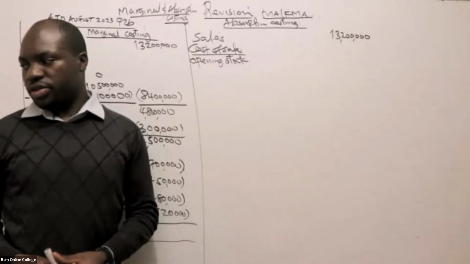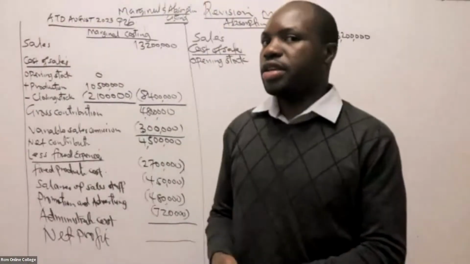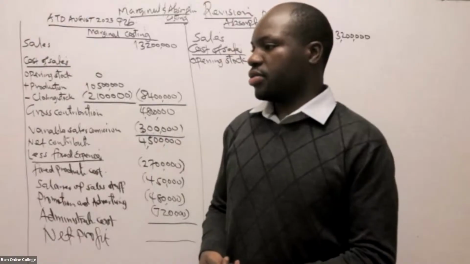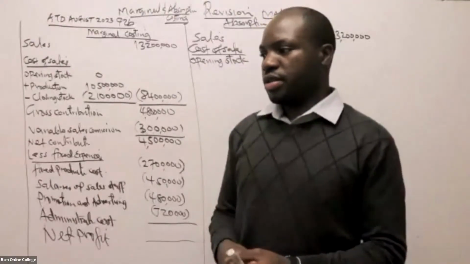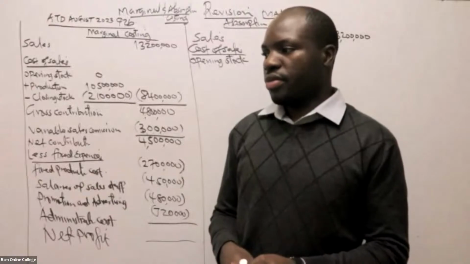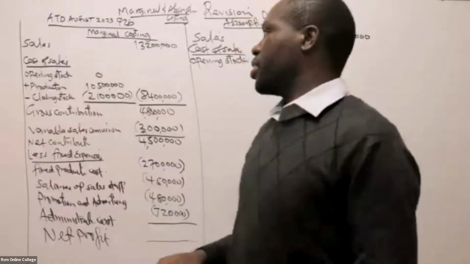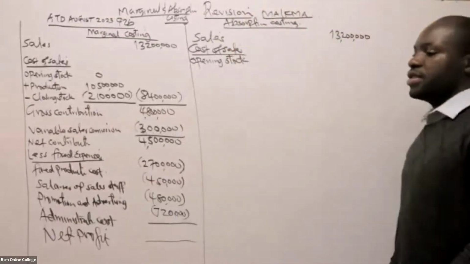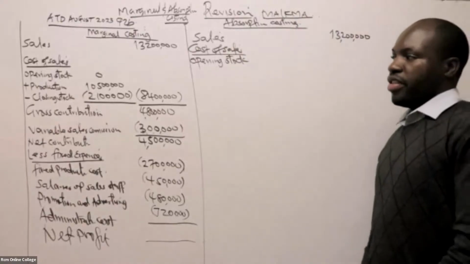Marginal cost and absorption cost figures, that was done during the first part of this class, the first 5 minutes. So how did we get the 350 we are using here?